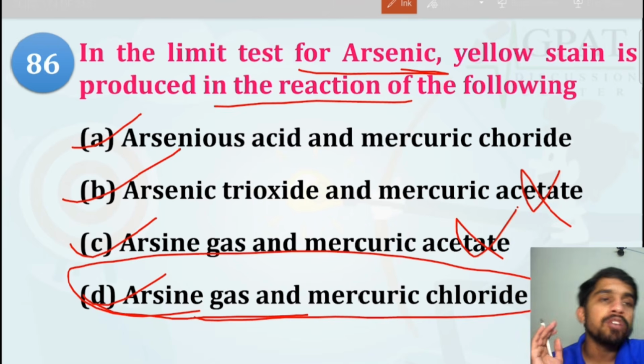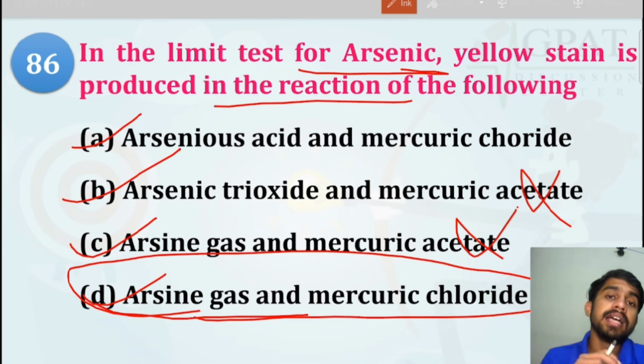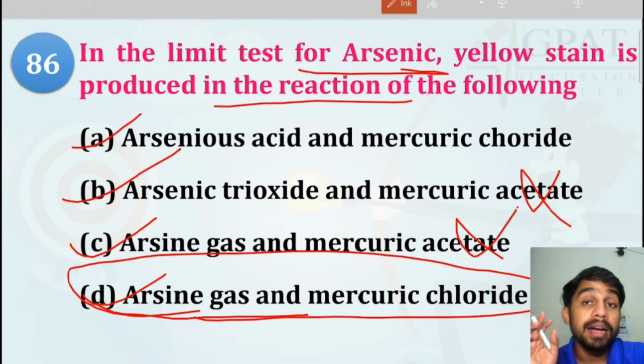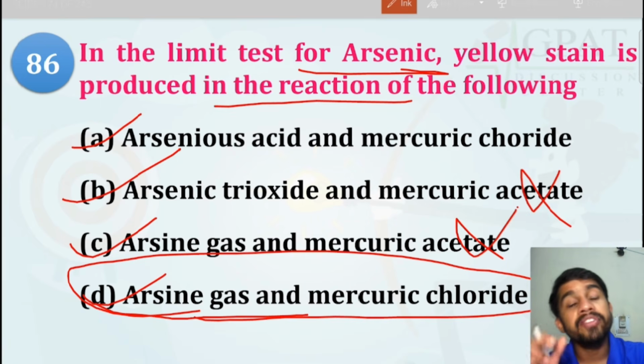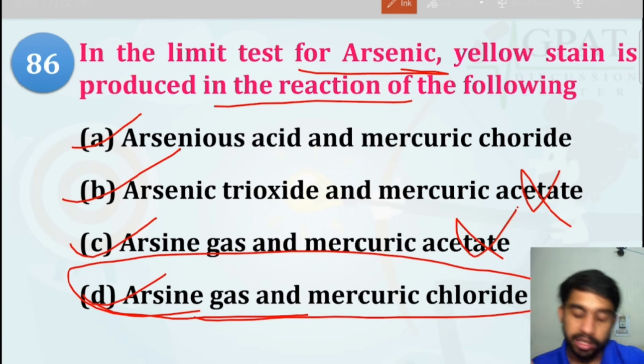The intensity of the yellow stain of your sample gets compared with the intensity of the yellow stain of standard. If the intensity of yellow stain of standard is higher, it means that your sample has lower limit of arsenic, then it will pass. But if it is lower, then your test will fail. So the correct answer for this question will be option number D.